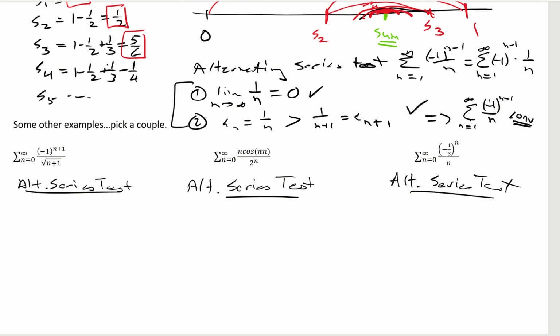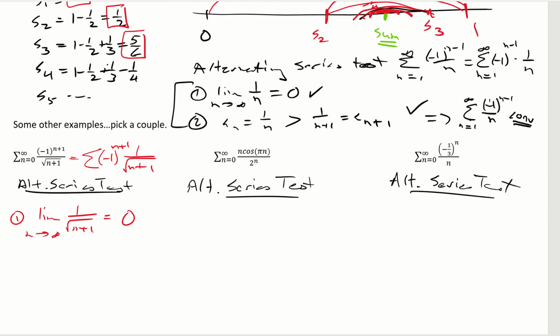Okay, how do you do it? Well, you have to remember, we're going to detach it from its minus 1 thingy that causes it to flip-flop sign. So I'm going to run this on 1 over the square root of n plus 1. Number 1, the limit as n goes to infinity of 1 over the square root of n plus 1. Look at it.